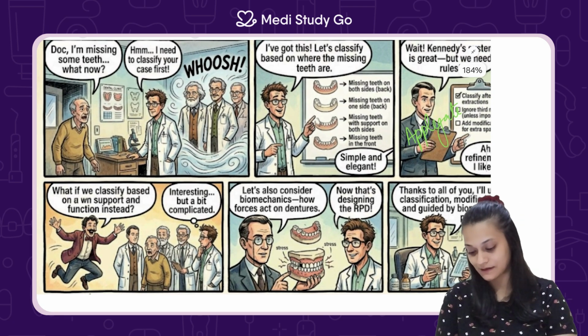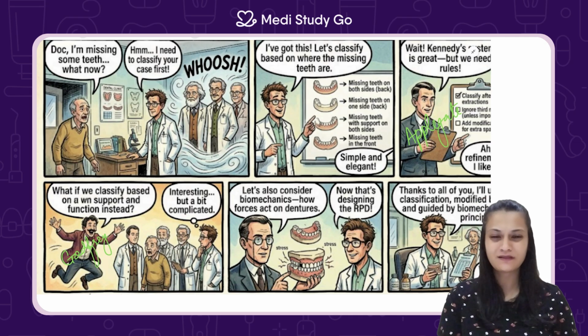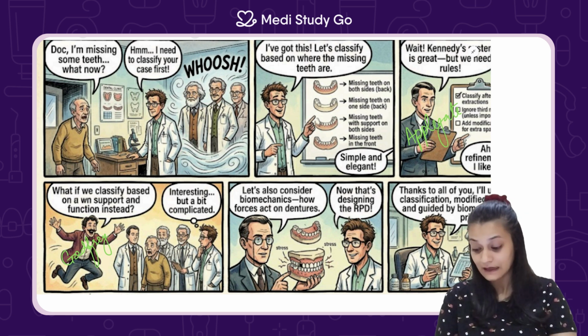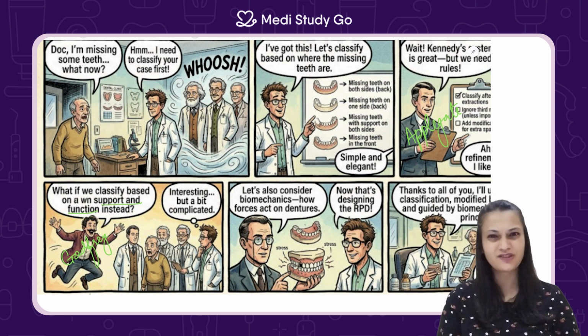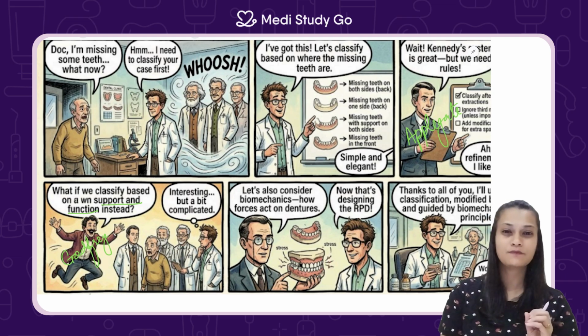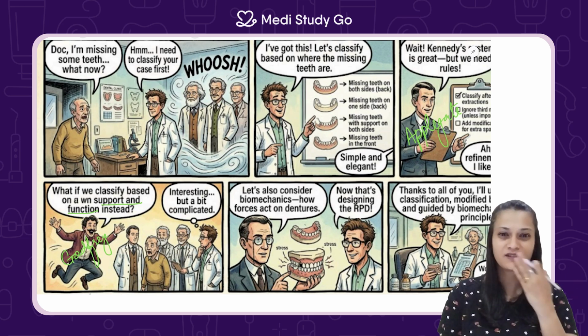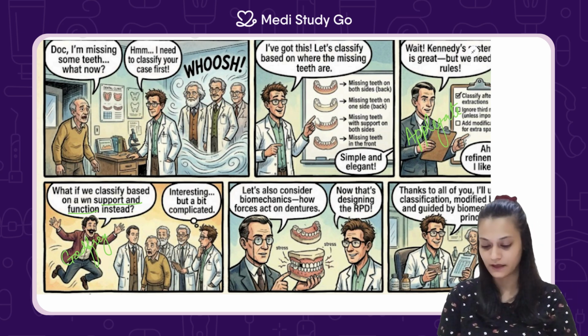But there was this Godfrey who said, why do we want to classify based upon the spaces and the missing teeth? Let's classify on support and function instead. So other people were like, this really seems to be a very interesting way, but it's going to complicate. Function, support, function for anterior is different, posterior is different.